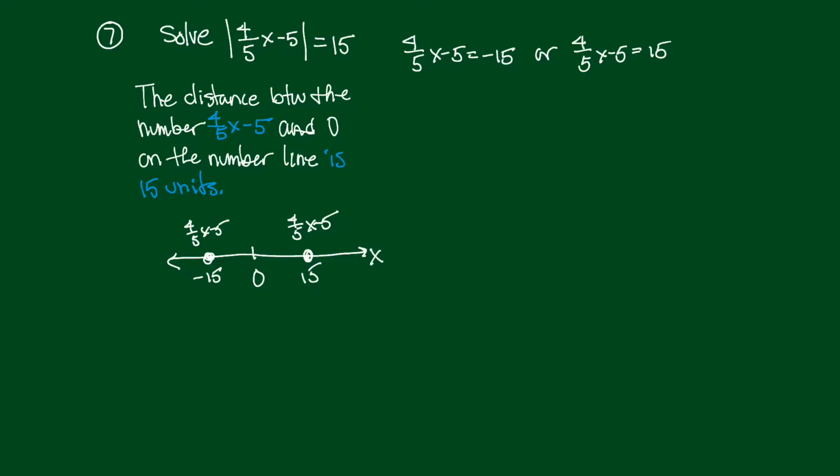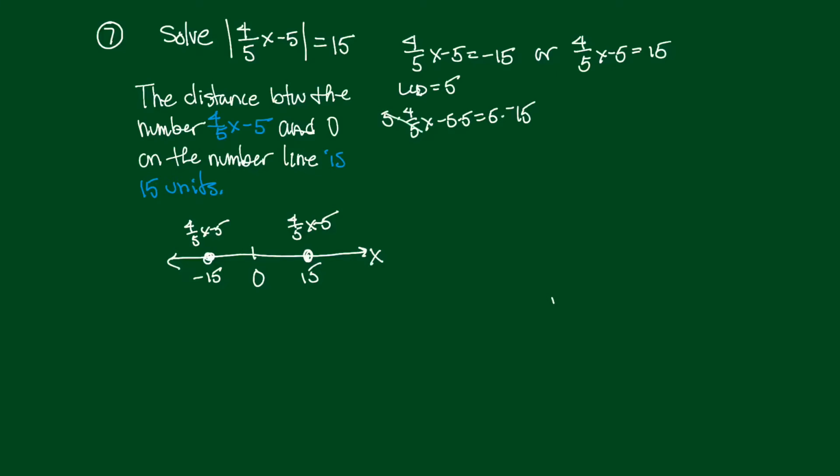Now let's solve the equation on the left. Well, we have fractions. I always deal with fractions the same way. The LCD in this case is 5, so I'm going to multiply all three of those original terms by 5. So it looks like this. 5 dot 4/5 x minus 5 dot 5 equals 5 dot negative 15.